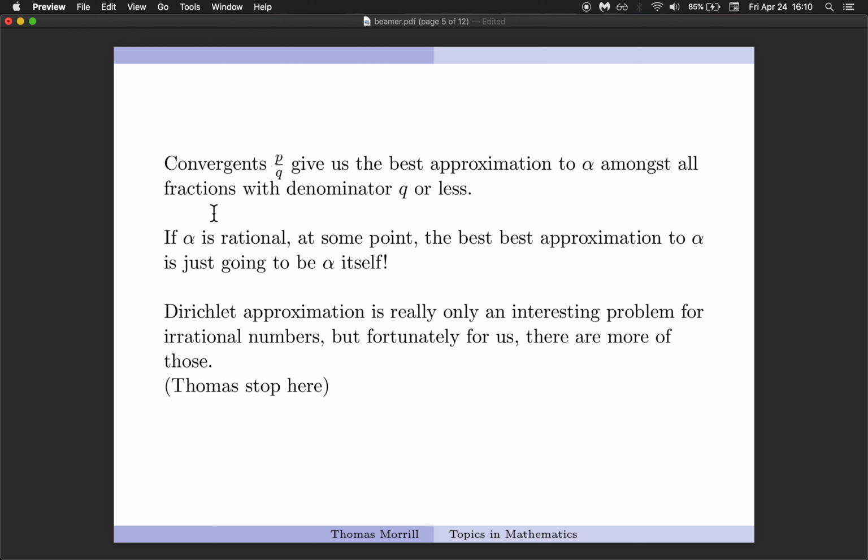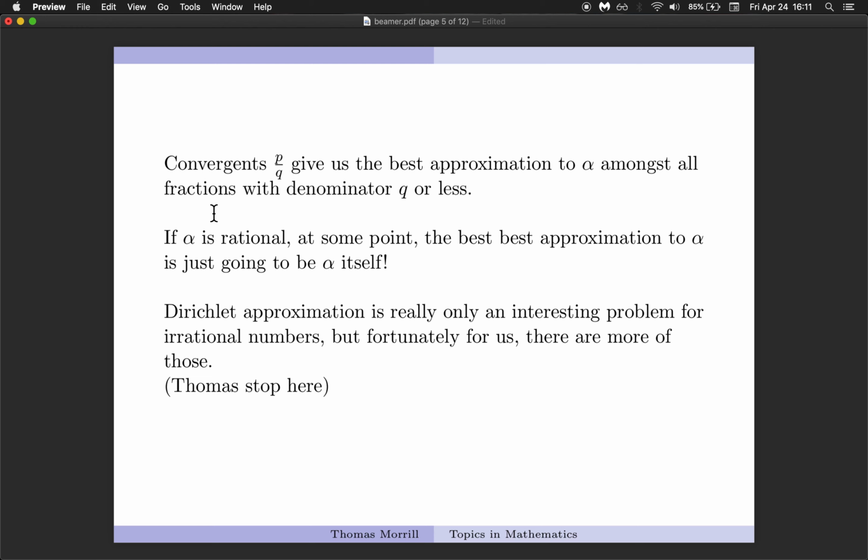So at some point, there is no reason to try approximating your fraction by convergents anymore. You'll just get back to saying, well, the closest fraction to this number is itself. And then approximation is no longer an interesting question at that point.